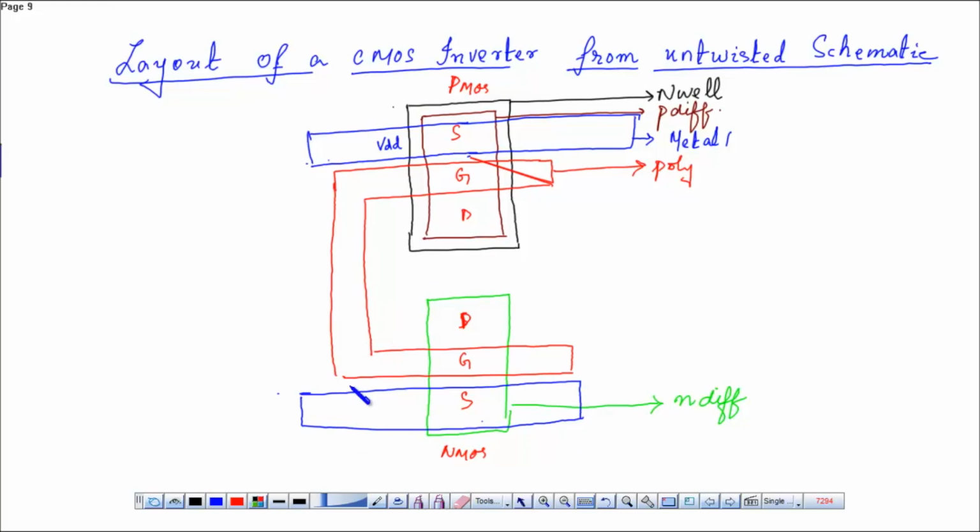This is also the source. This is ground. Now these two drains are to be shorted. And you obtain the output from here. So if you want you can just extend this like this. You can extend the poly. So this is the input. This is the output.